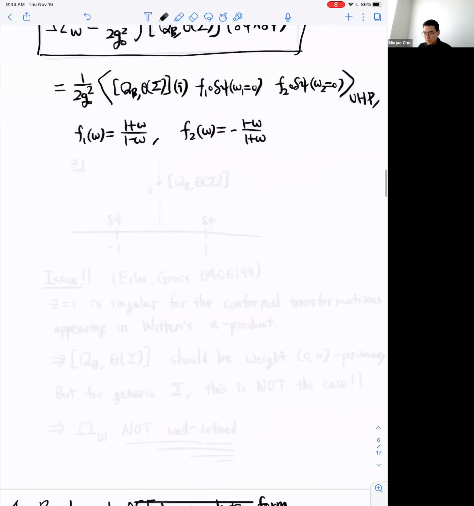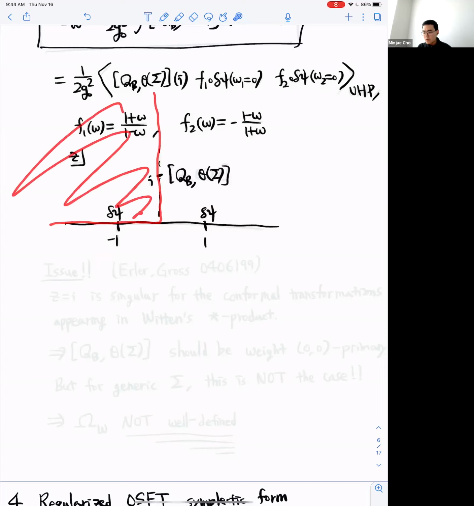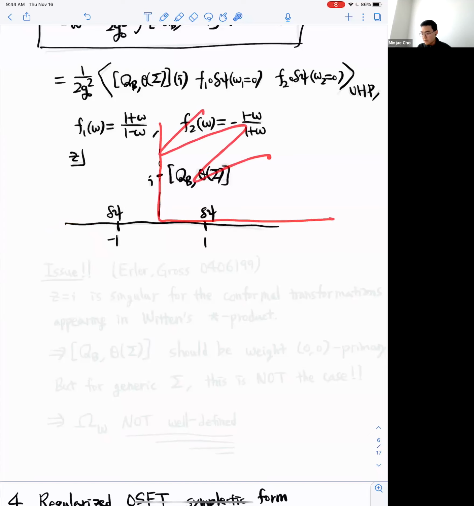If you really want, you can also draw this upper half plane. At i, we have this bulk insertion, midpoint insertion of the commutator, and then at -1 and +1, we have insertion of delta psi. And by this dotted line, all I mean is that the local chart for this left open string covers this part, while the local chart for the right open string insertion covers all this part, as usual in Witten's vertices.